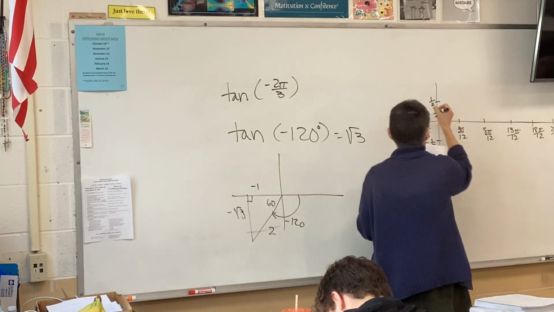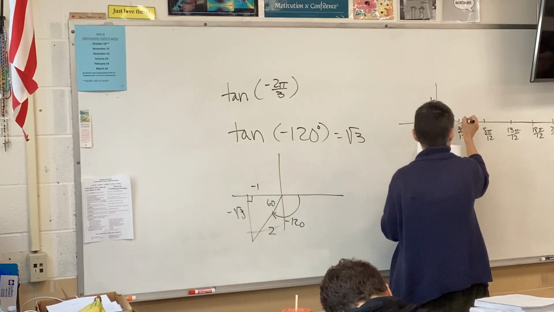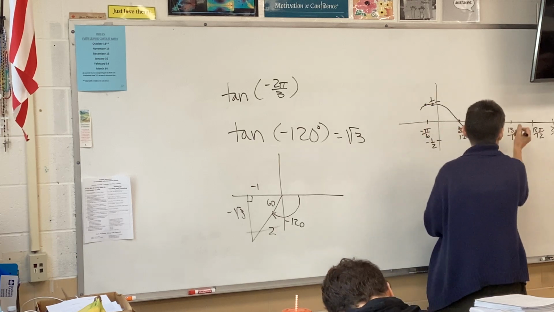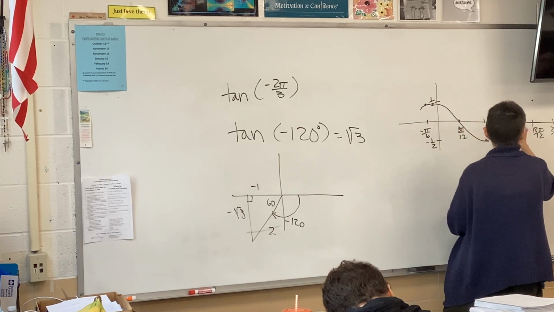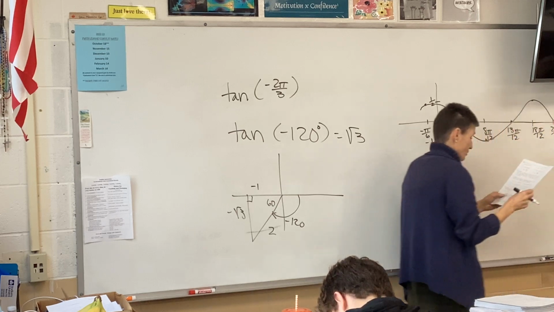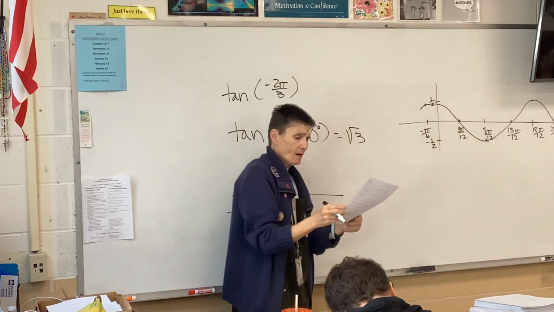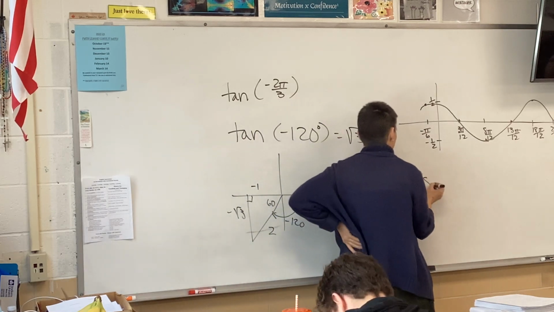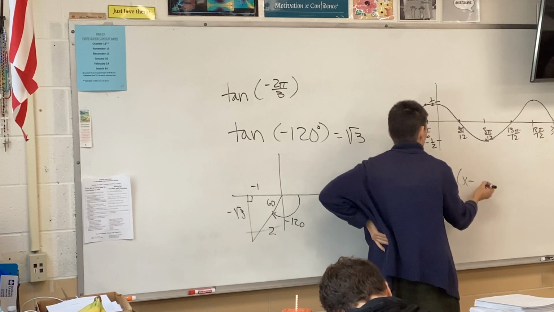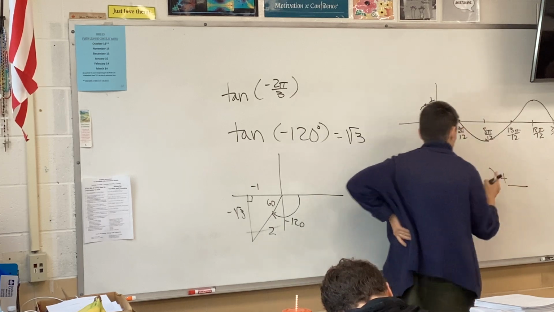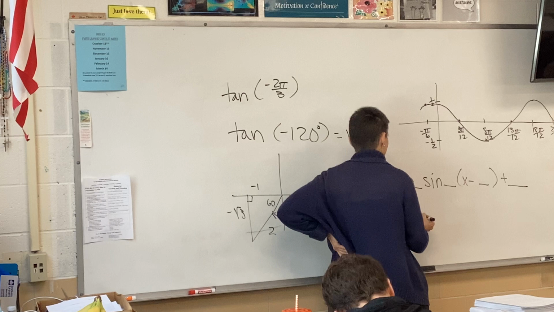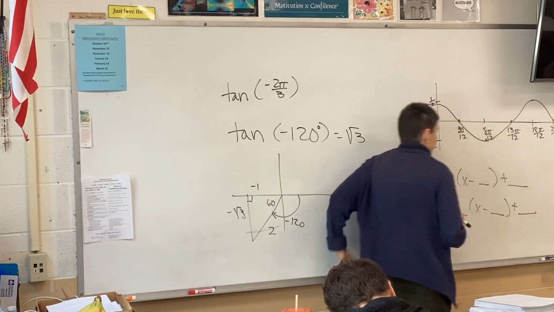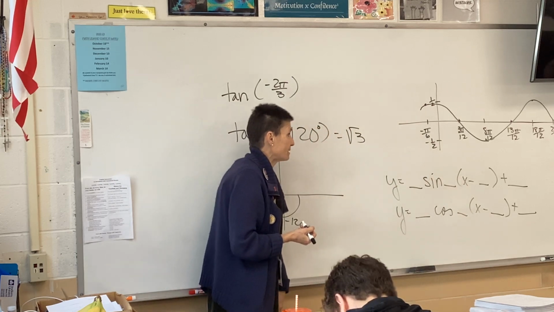All right, and we start right here. All right, and you're going to write the equation of a sine and a cosine. So keeping in mind that there are really 4 adjustments that we can make to our equations, we're going to figure out what all those empty ones are.